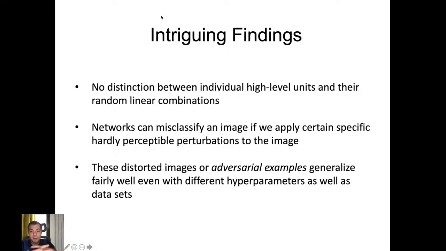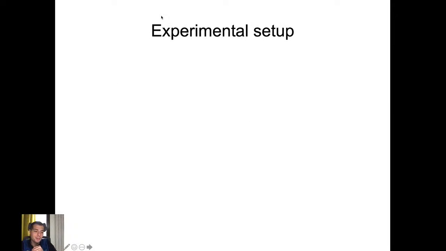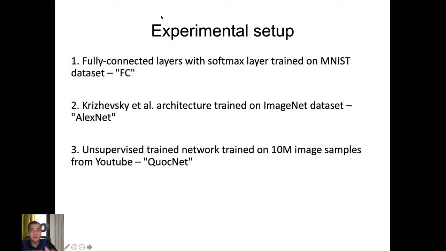These are the adversarial examples, and they show that these adversarial examples can generalize well across different hyperparameters and datasets, and even across models. So they seem to be some sort of generic adversarial examples, so they fool all types of networks.